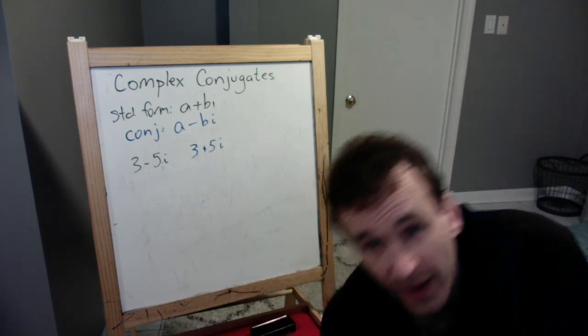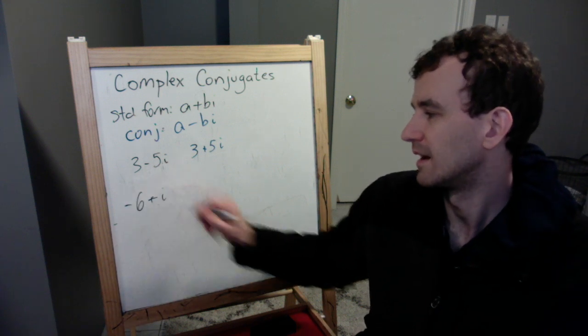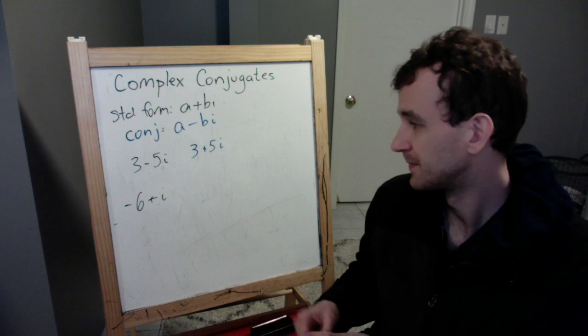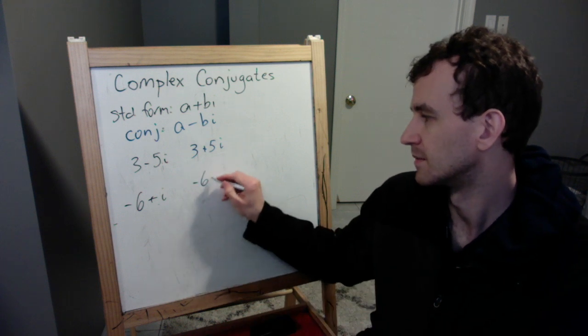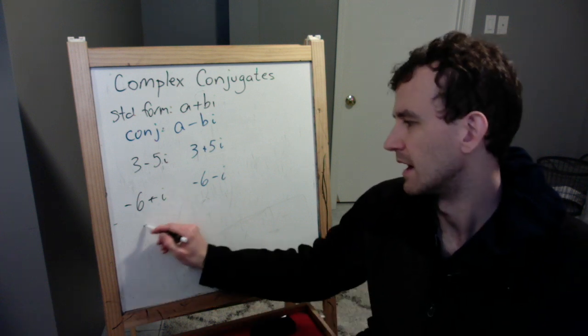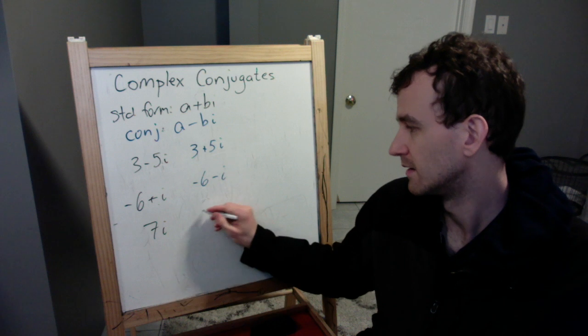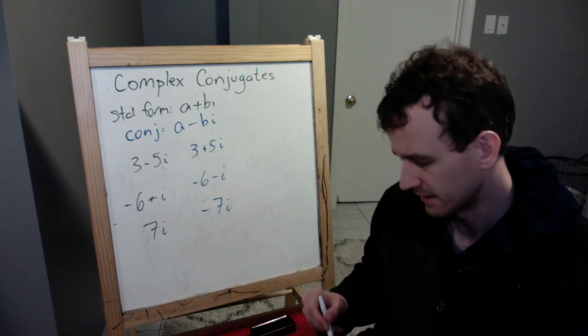If we had negative 6 plus i, the conjugate would be negative 6 minus i. If we just had 7i, the conjugate of 7i would be negative 7i.